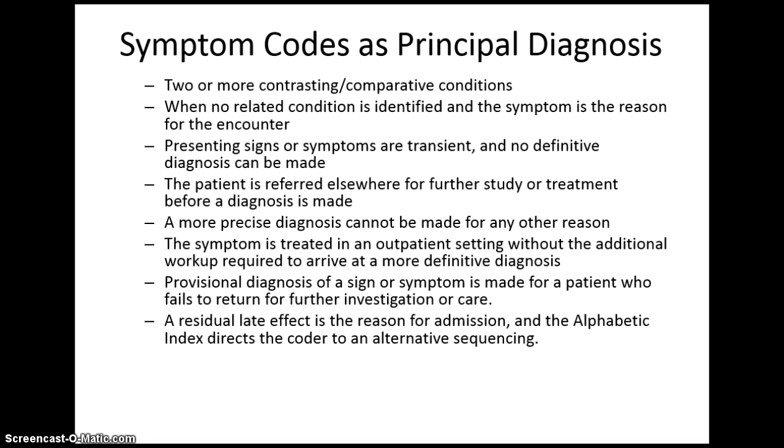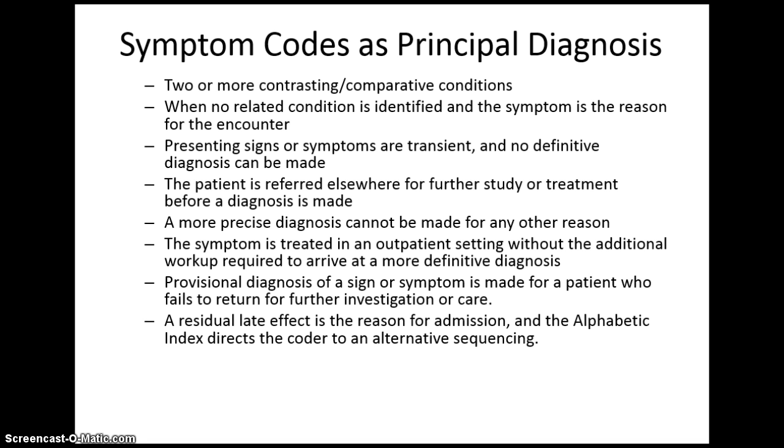The first guideline does not apply if the diagnosis is stated as a symptom due to two conditions rather than as two contrasting diagnoses. In this case, both conditions would be coded, and the symptom code would be assigned as an additional code only if it met the criteria of reporting additional diagnoses.